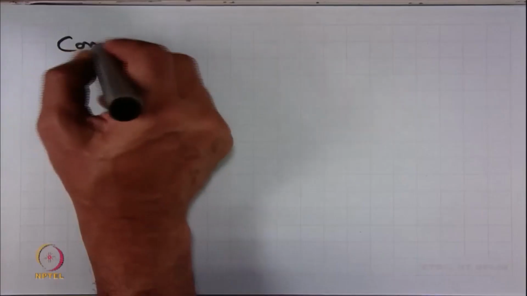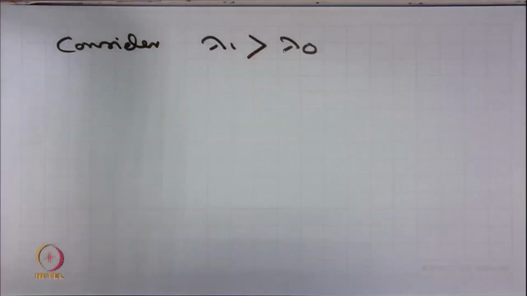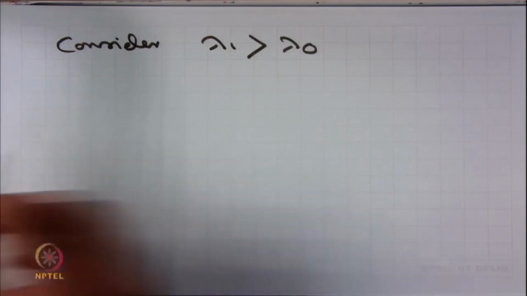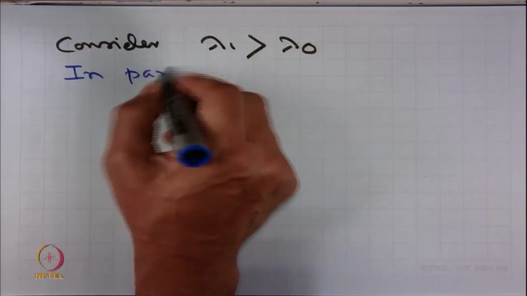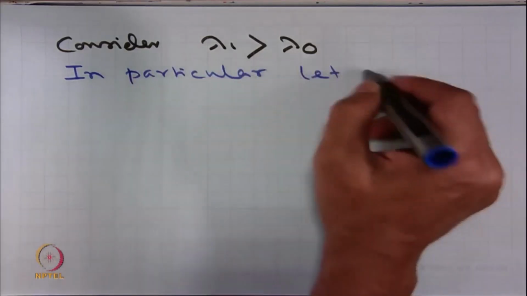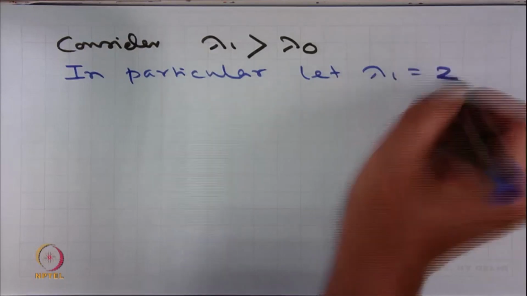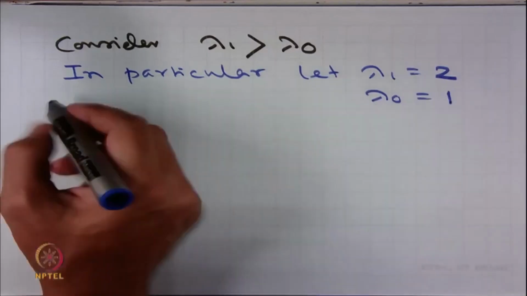Consider lambda 1 is greater than lambda 0. In particular, let lambda 1 is equal to 2, lambda 0 is equal to 1.